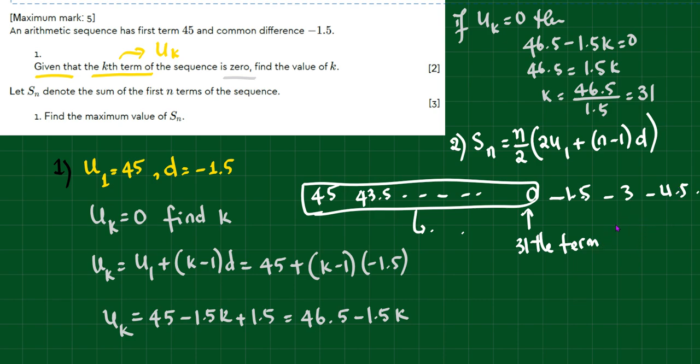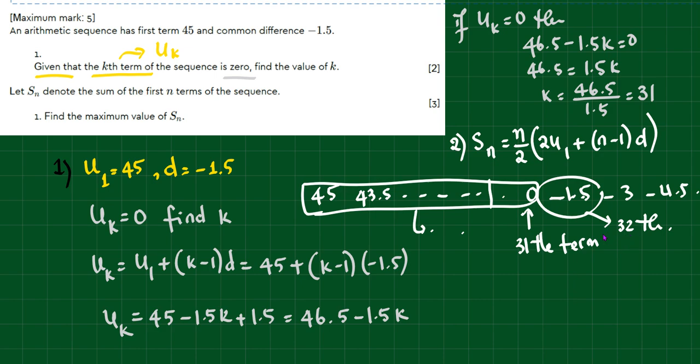But why do we consider the sum of the first 30 terms as the maximum? If we find the sum of the first 29 terms, that's not the maximum, because there is something more if we add the 30th term to the sum of the first 29 terms. But after the 31st term, the sum is going to be decreasing.